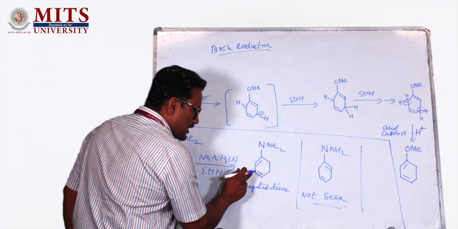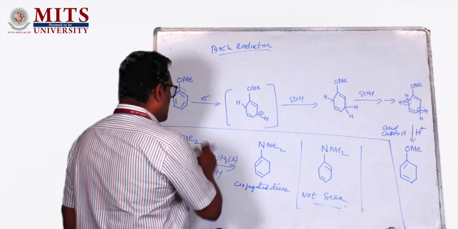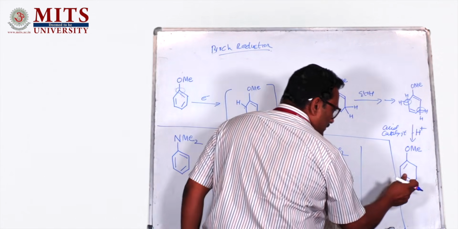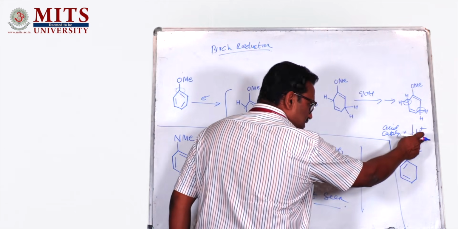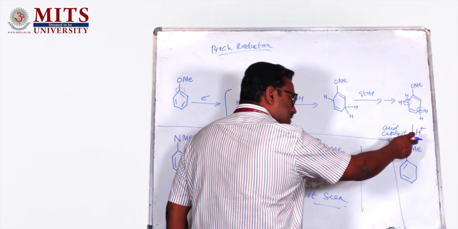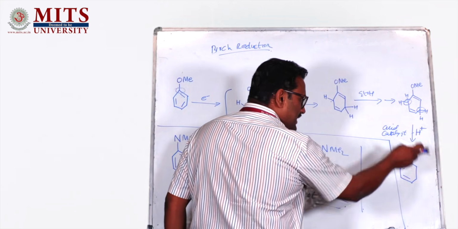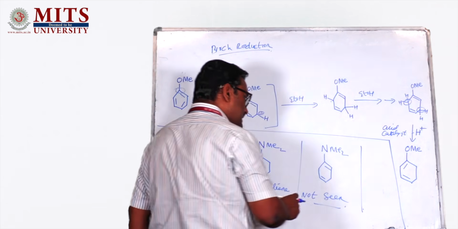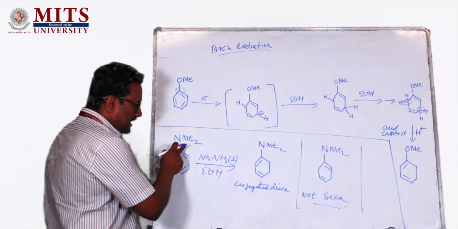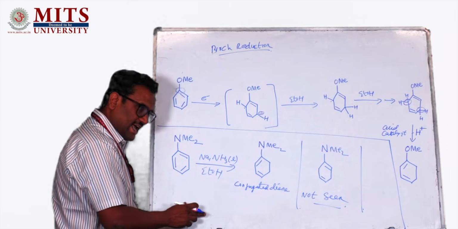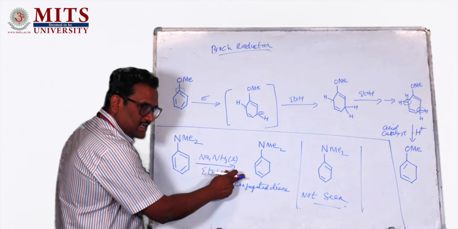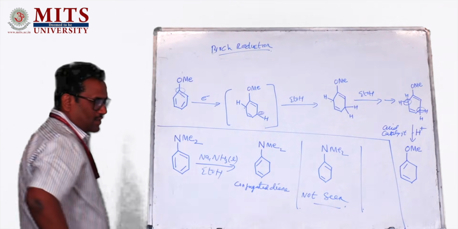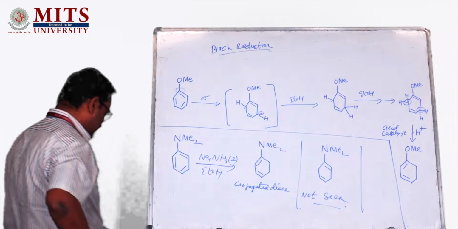But when you use anisole, if you want to get the conjugated diene, you need to add H+. If you don't add acid catalyst, you will get this one 20% along with the main product. But in the case of N,N-dimethyl aniline, even if you don't add acid, you will get the conjugated diene as your main product. You cannot get this one as a product.